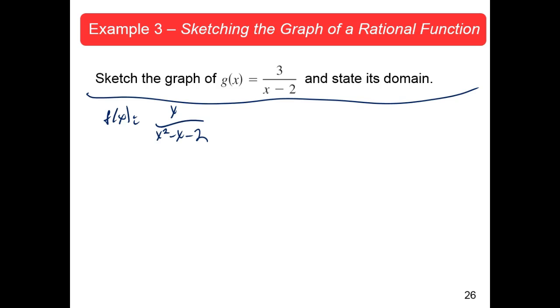I want to know what you think the first thing we ought to do is in order to sketch that graph. Okay, find the values that the variable in the denominator can't be, and what would that be? Okay, the denominator cannot equal 0, so I'm going to put x squared minus x minus 2 cannot equal 0.